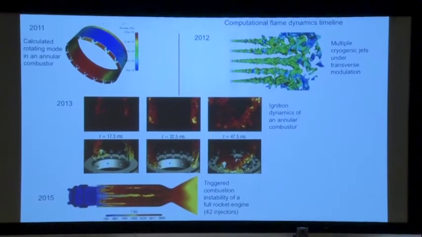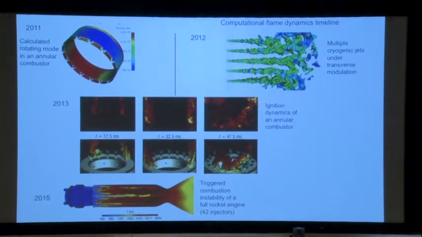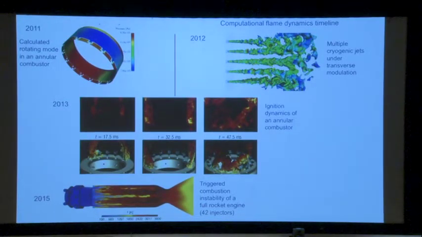This is the calculation of the group at Fairfax. We were also calculating multiple jets in transcritical configurations, ignition in annular combustors, and this is a rocket engine with 42 injectors, with all the geometry of the upstream, and we calculate that as well.